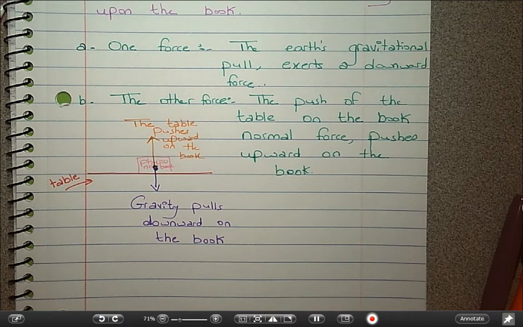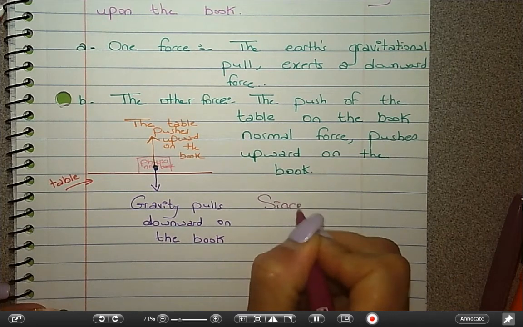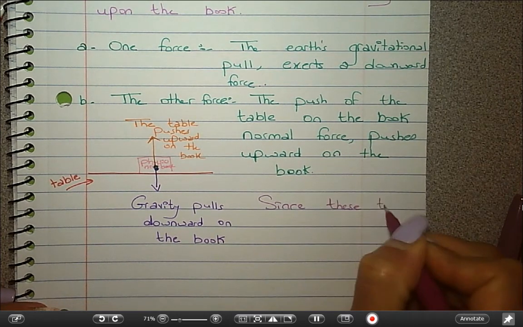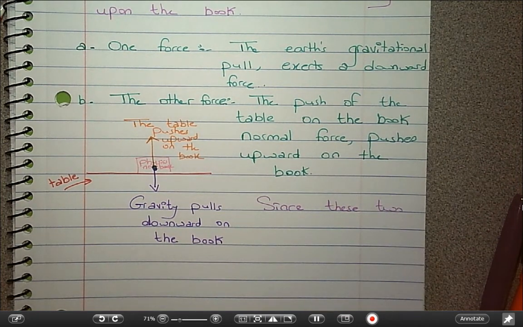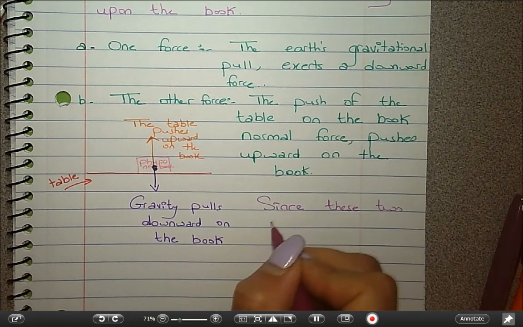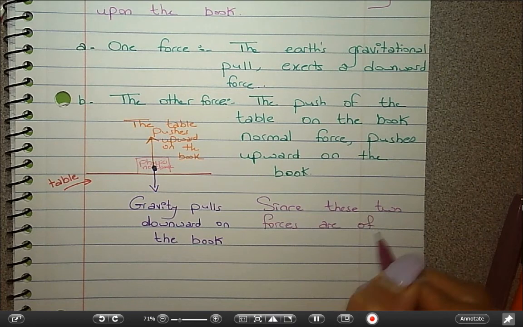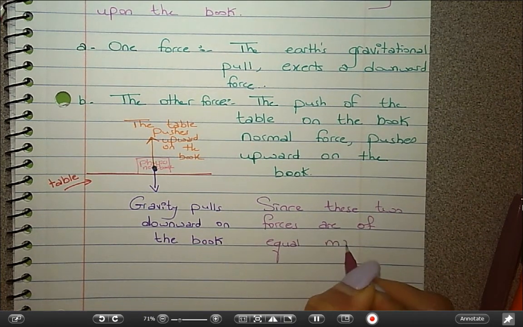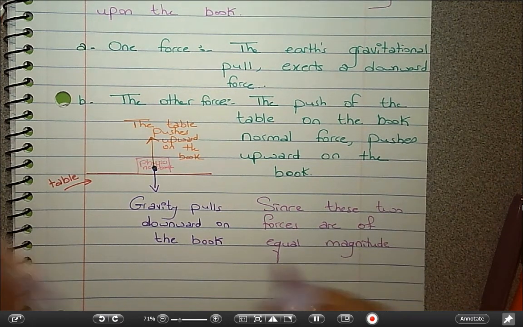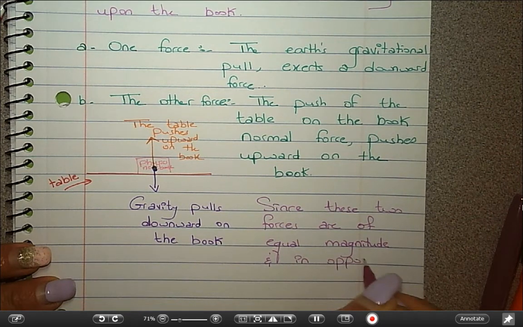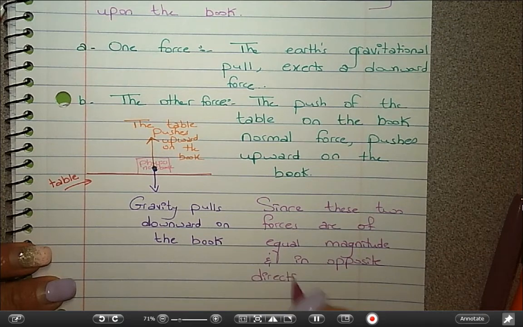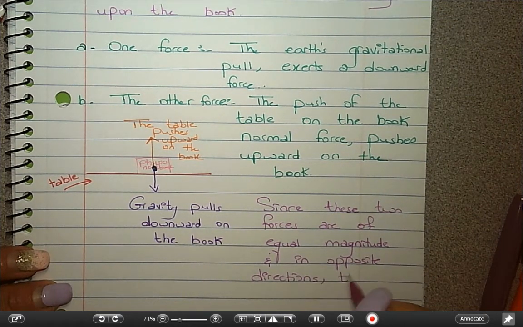So we're going to say since these two forces are of equal magnitude and in opposite directions, they balance each other.